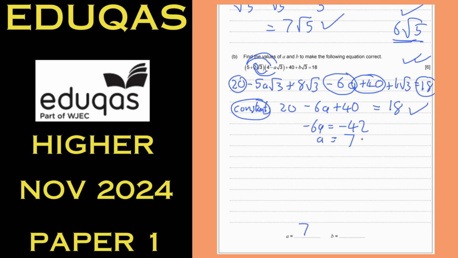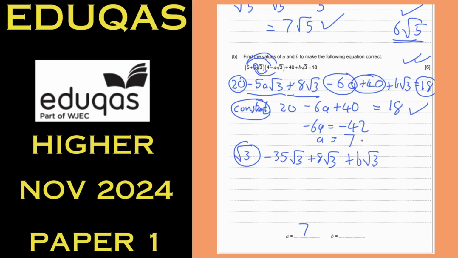We can then compare the root 3 terms. We've got a negative 5a root 3. Well, 5a is now 5 sevens. That's 35. We've got 8 root 3 here. Let's put that in. And we've got added to b root 3 over here.